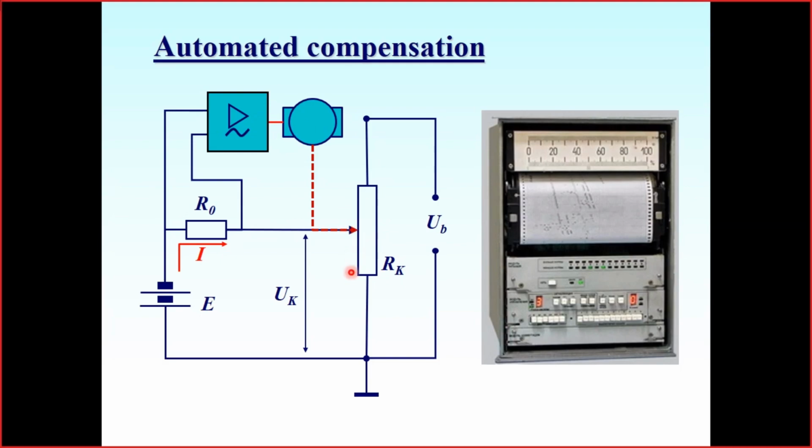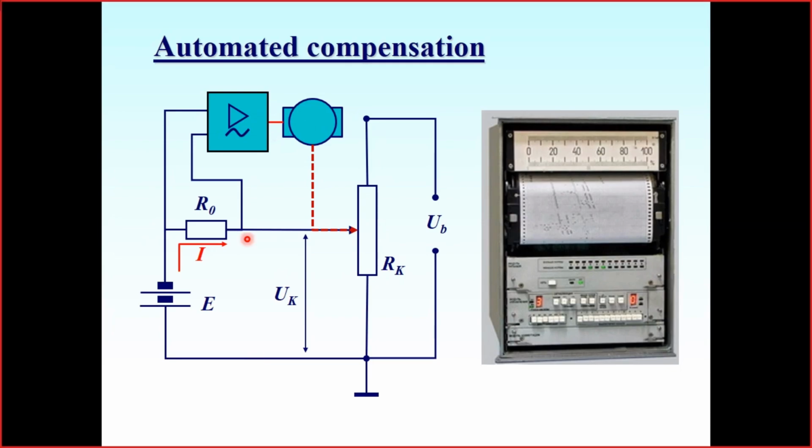Of course we need to adjust the correct direction of movement, when the change in the potentiometer position should cause a decrease in the voltage drop over R0, so decrease the current. So the direction of movement of the motor should be in the direction of balancing of the potentiometer.